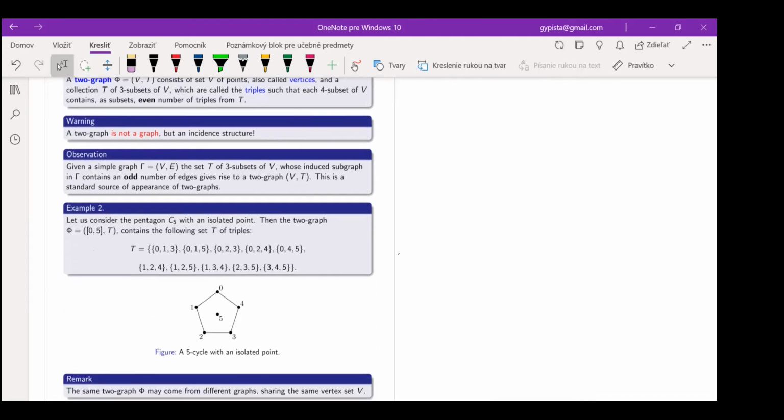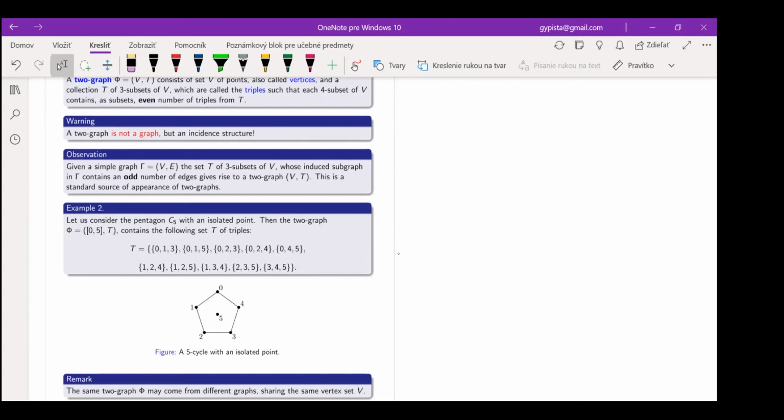And two-graphs can be obtained in quite an easy way from simple graphs in such a manner that we will take the two-graph on the same vertex set as the simple graph has, and we will consider each three-subset of vertices.